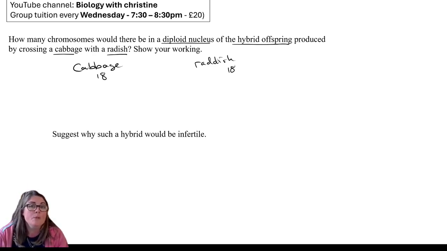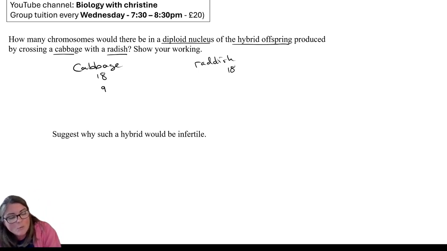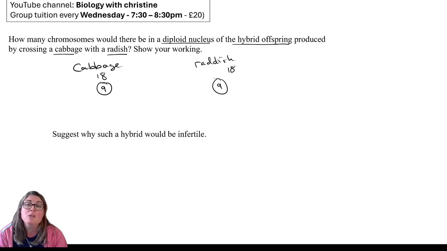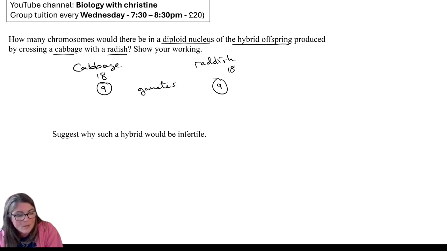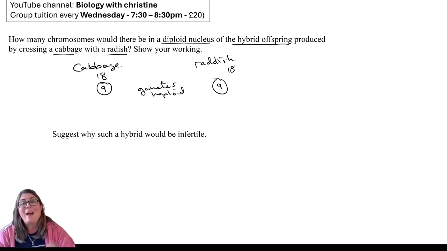So how many chromosomes would be in a diploid nucleus of a hybrid offspring produced by crossing a cabbage with a radish? So we know that meiosis will produce haploid gametes. So therefore if they're haploid they're going to have half the original diploid number.